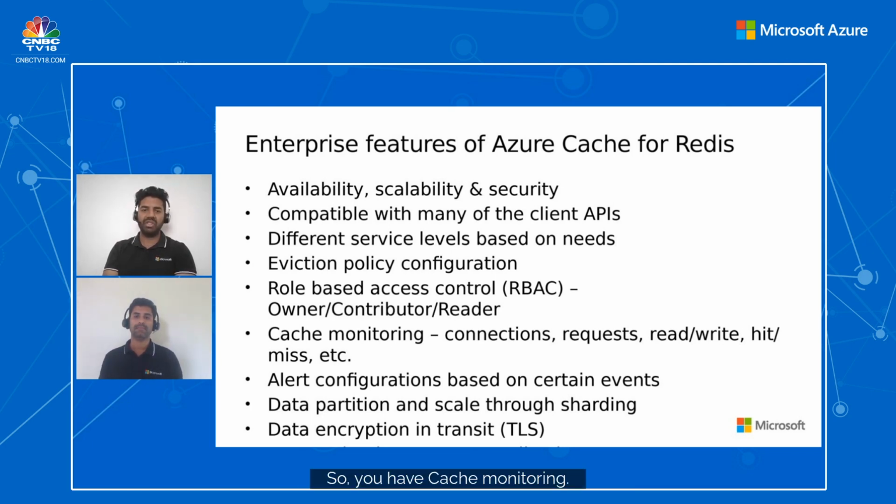You also have cache monitoring. You see your number of connections, number of requests, reads and writes directly on your dashboard. For in-depth monitoring, it integrates more deeply with Azure Monitor. Based on your metrics, if something goes haywire, you might have alerts configured, and you get alerts at that particular moment.